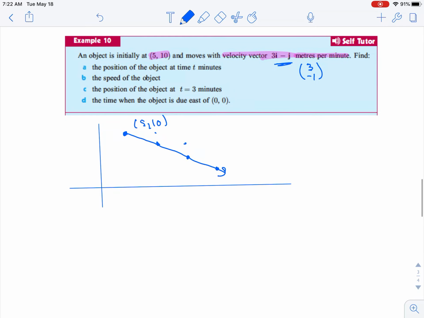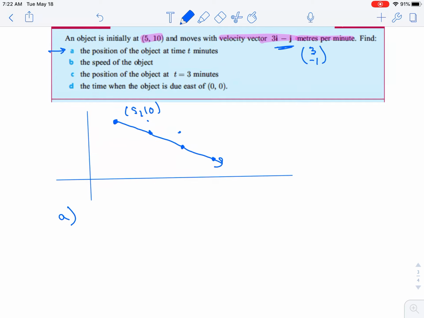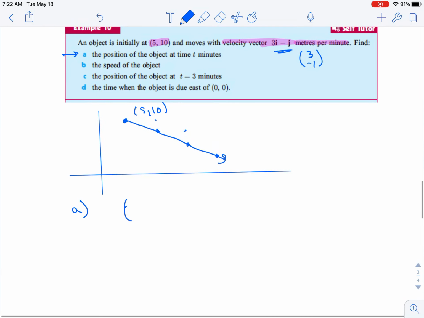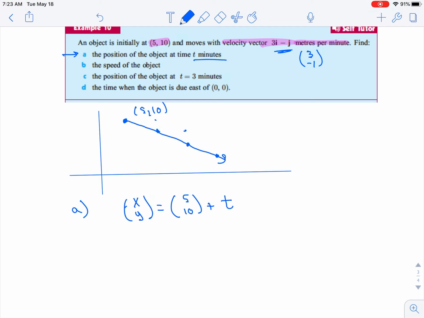So what they want in A is the position of the object at time t. What they're looking for here is that position vector equation. We can just call the position (x, y). From our past problems, the first vector we want is the initial position vector, so that's (5, 10), plus t, time in minutes, times our velocity vector, which is in meters per minute.